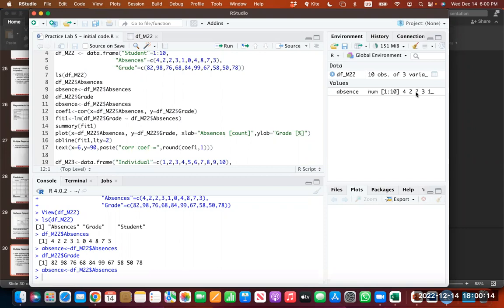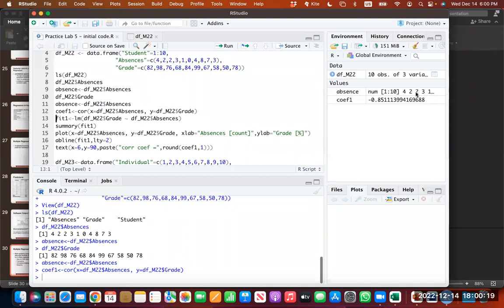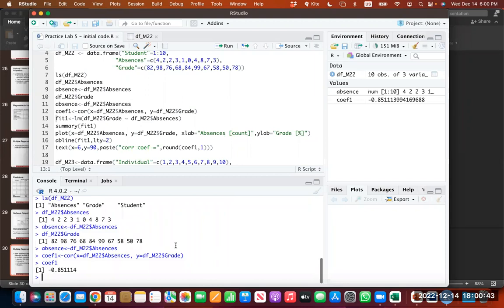If you do this with line 12, you get now an object cof1, and cof1 contains a numeric value for this correlation coefficient, which is minus 0.85, which is the same as we quantified. So this is how simple that is in R. Now if you just click in the console and write cof1, it gives you exactly that value. So you can call it anytime. It's saved for eternity.